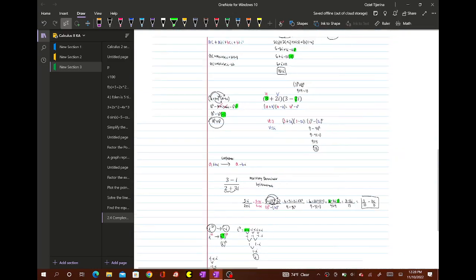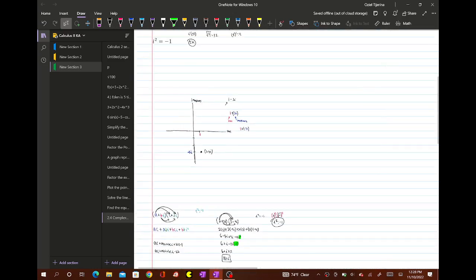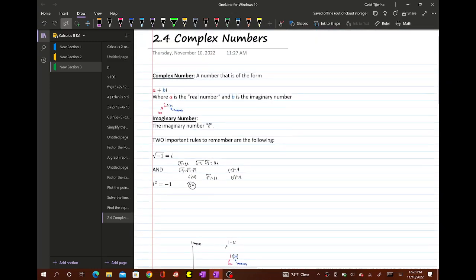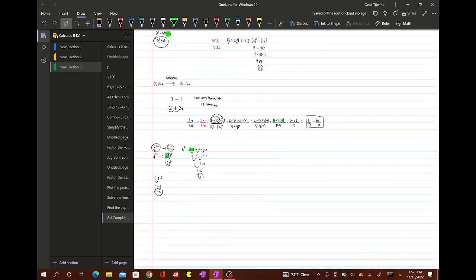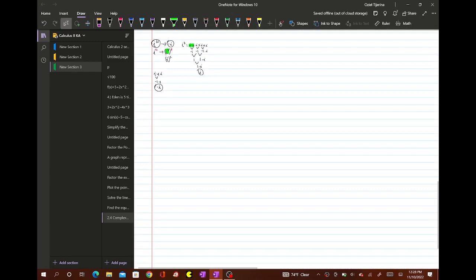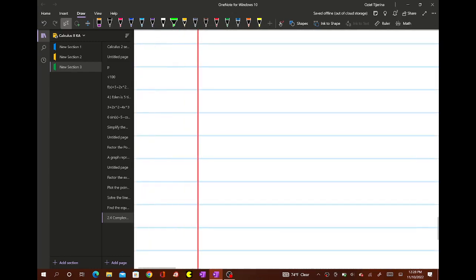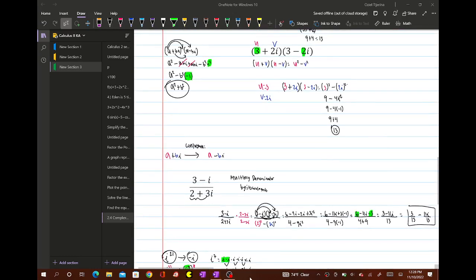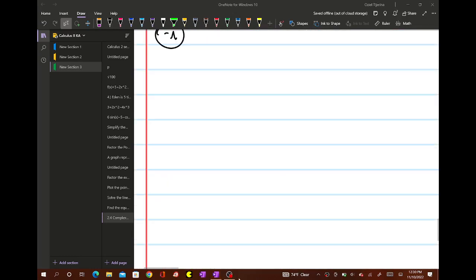So that was just a very quick overview of the complex numbers. I believe I went over everything. The last thing that I want to go over is the absolute value, or the magnitude, I can't remember.